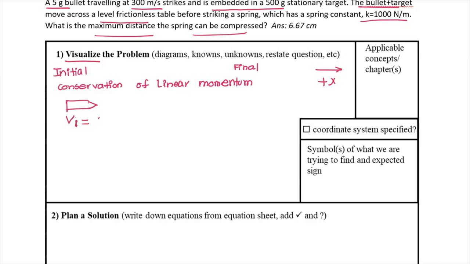The target and the bullet will have a common speed after the collision, and for that part of the motion we can use conservation of linear momentum because there's no external force acting on the system.